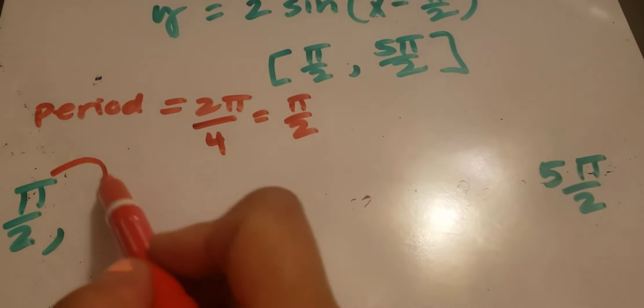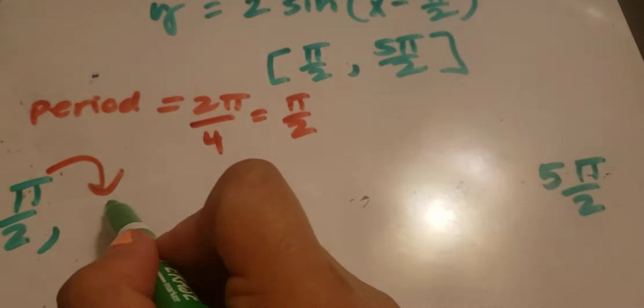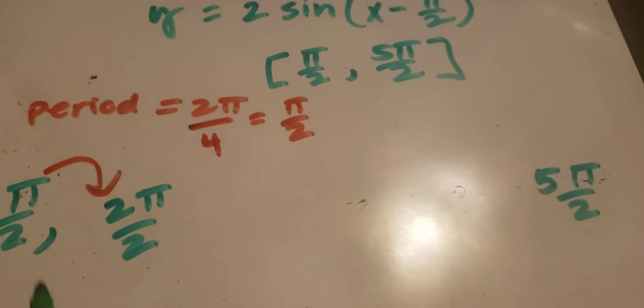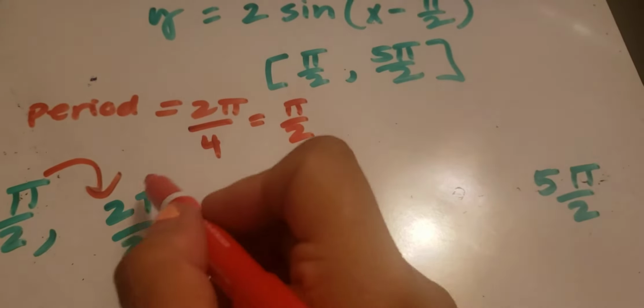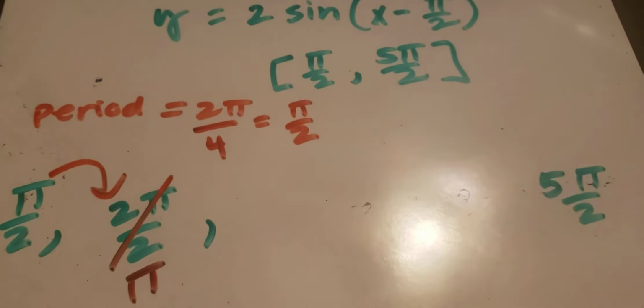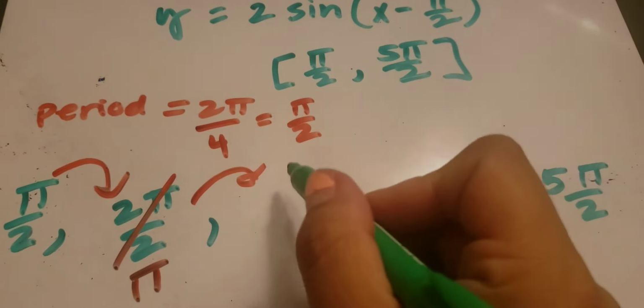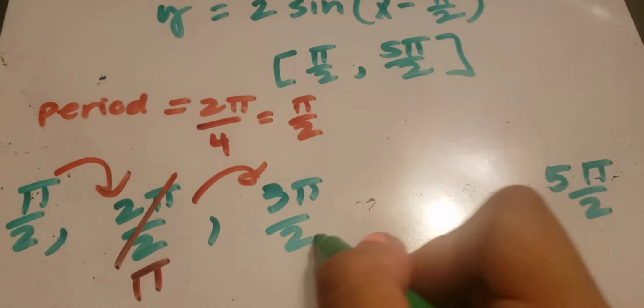So take pi over 2 and add pi over 2, and then you end up with 2 pi over 2. And don't forget that 2 pi over 2 is the same as just pi. Okay? And now take pi and add pi over 2, so that'll give us 3 pi over 2.